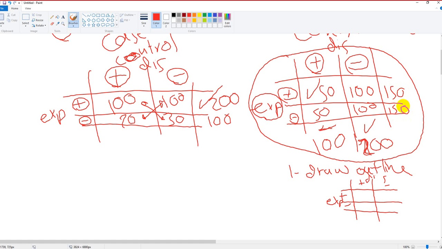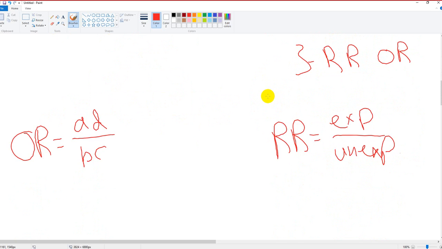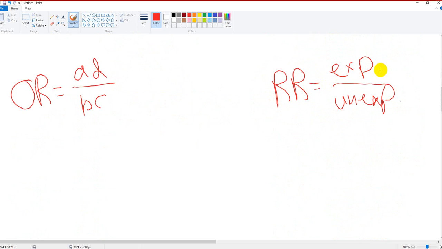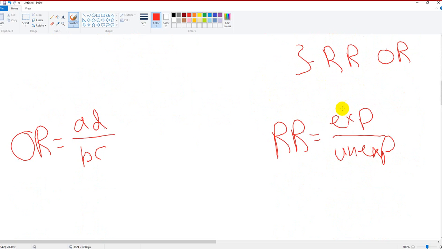Wonderful. So what we are going to do, we measure the exposed over the unexposed: how many people who got the disease out of those exposed, and how many people who got the disease out of the unexposed.